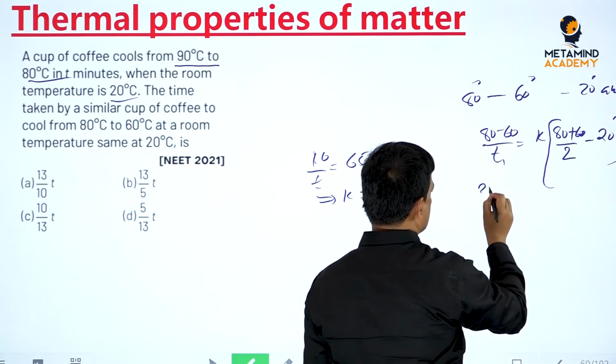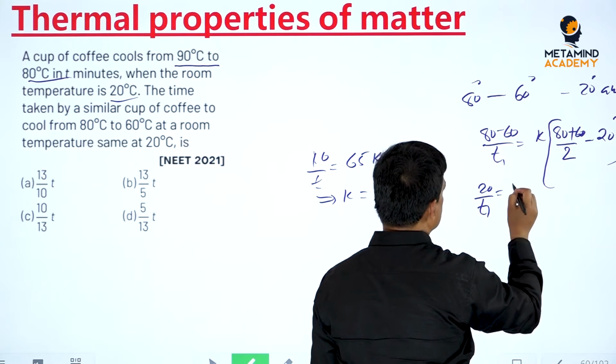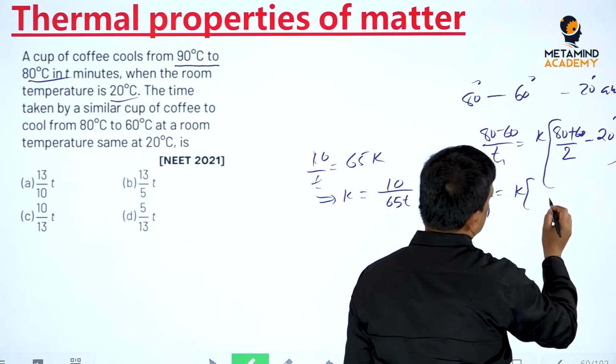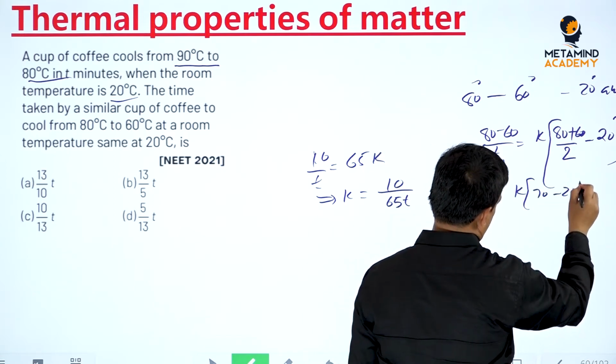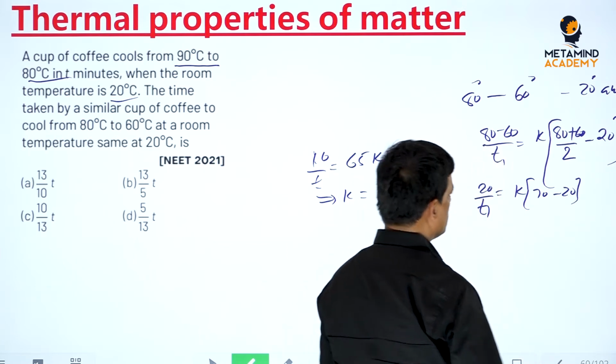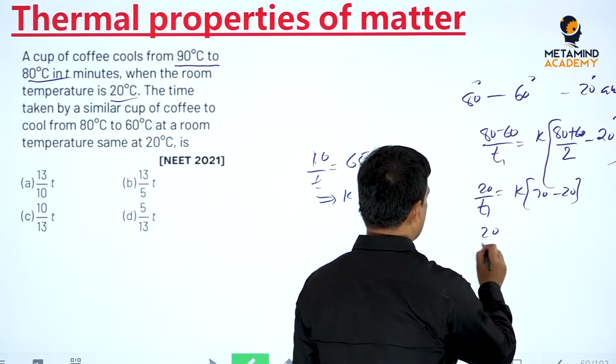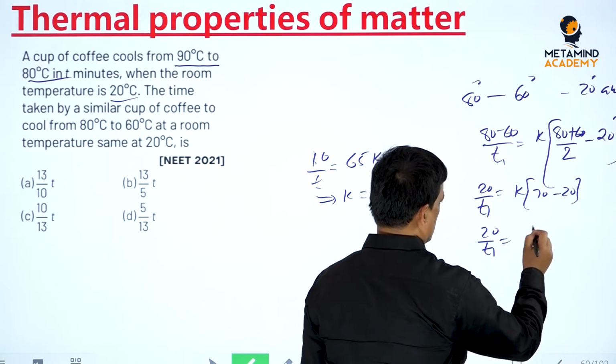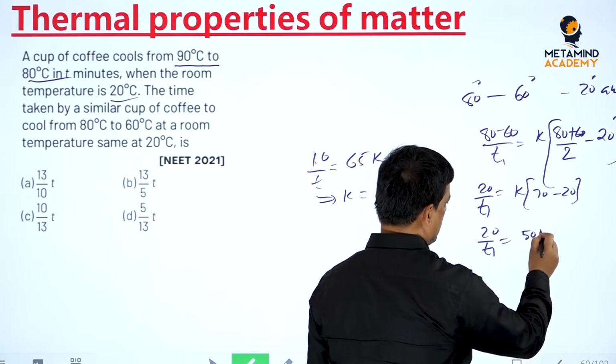So, 20 by T1 is K times (70 minus 20), so 20 by T1 is 50 times K.